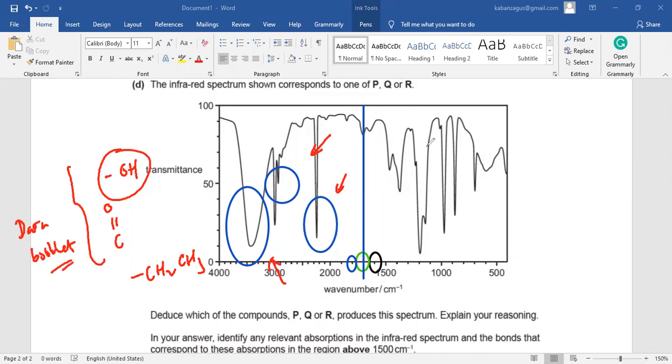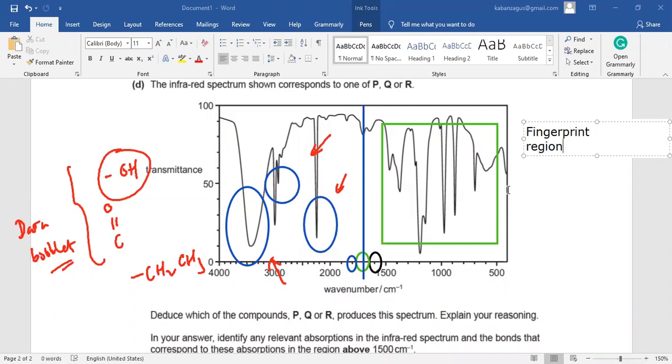Now, I don't really focus on this region. So this region is called the fingerprint region, so I'll just type here, fingerprint region. All right, so fingerprint region.